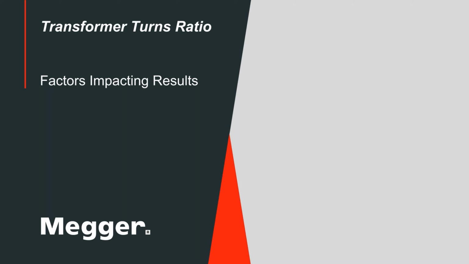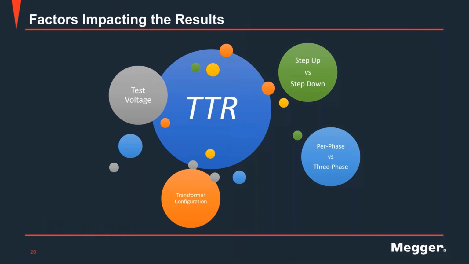When we perform it in the field, and as I mentioned in the beginning, we get unexpected results, numbers that are outside the limits, the plus or minus 0.5% that the IEEE indicates. As I also mentioned in the introduction, then what do we do?